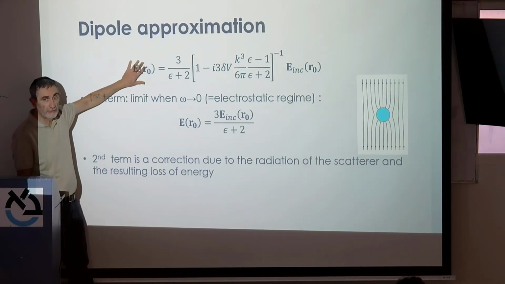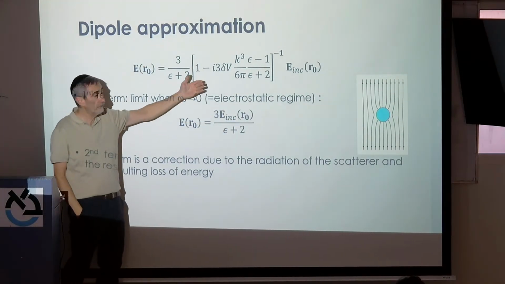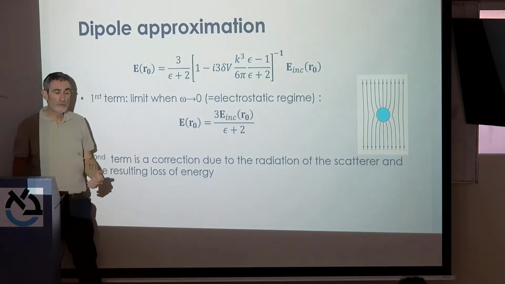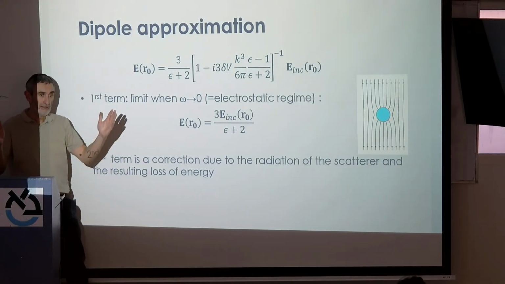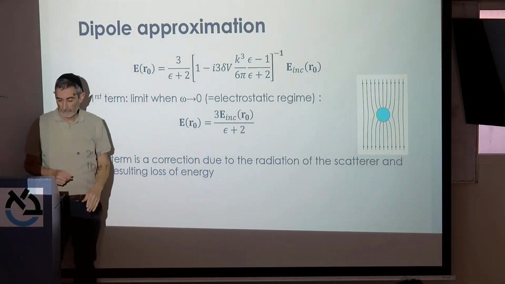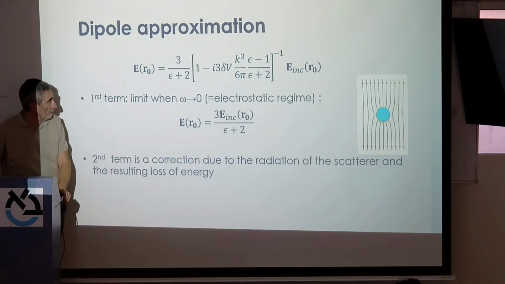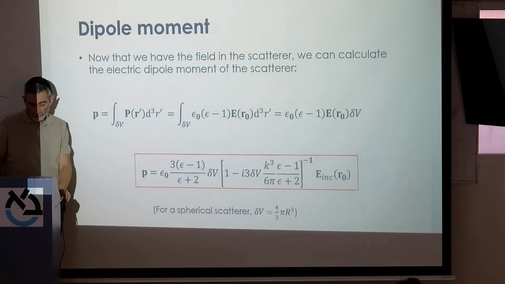The field inside the scatterer will be the field in the static case minus a term which is due to the fact that part of the energy leaks out, is scattered out from the scatterer. So that's a simple interpretation of this equation. It's a loss of energy from the dipole due to the radiation, to the oscillation.